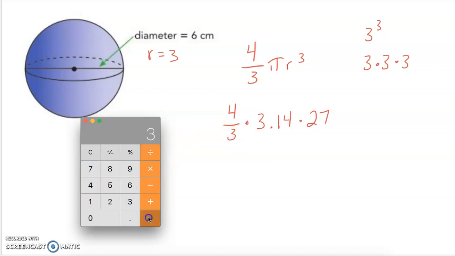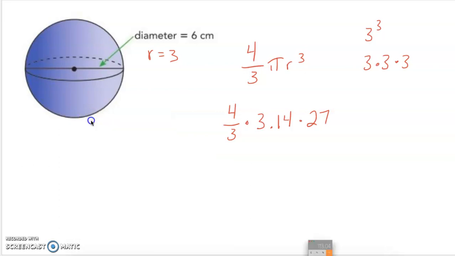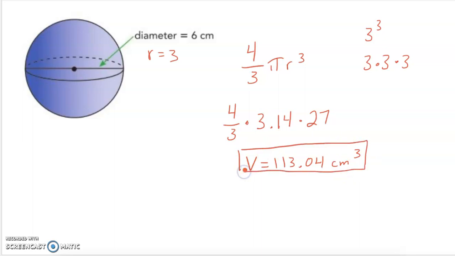Divided by 3 is going to be equal to 113.04. That's going to be centimeters cubed. There's the volume. So much like everything else, guys, it's just a matter of you have the formula, plug in what you know, and just work the formula.